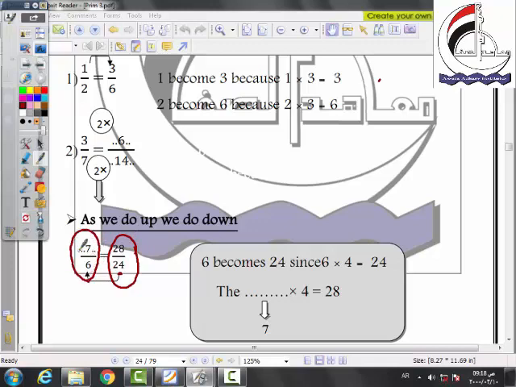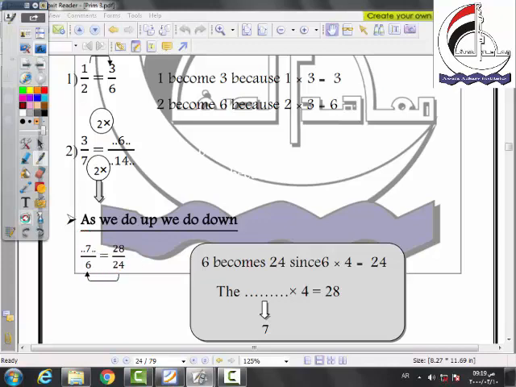We look at the denominator of the second fraction and the denominator of the first fraction. The 6 will be 24. We make multiply. Why? Because the number increased. 6 will be 24, so we will multiply. Multiply by what? Multiply by 4.